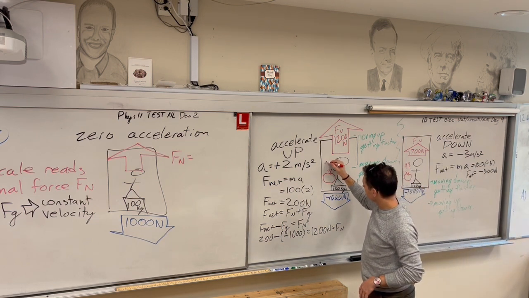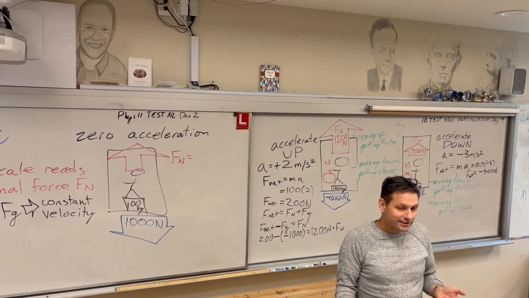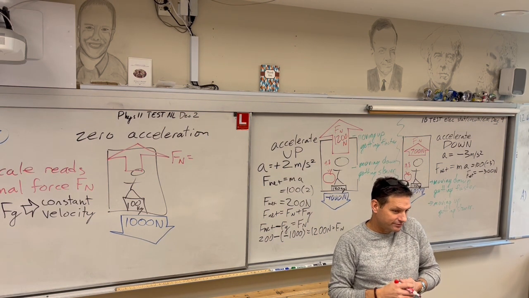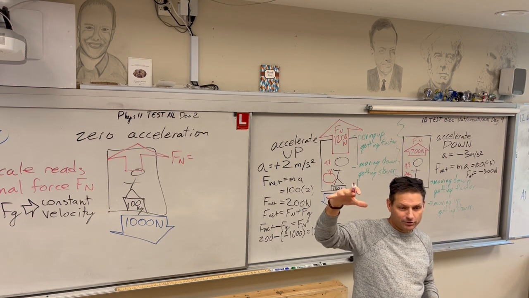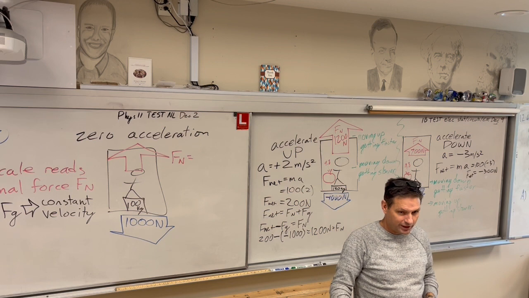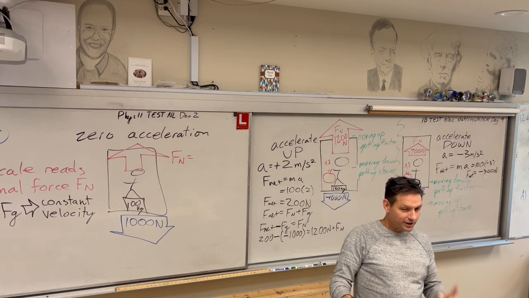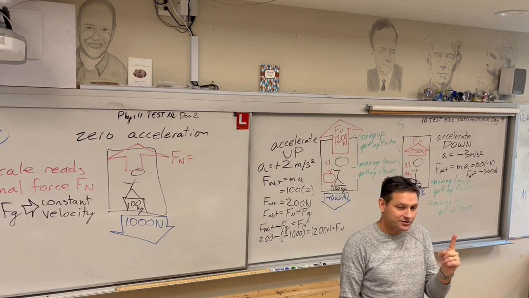Are you accelerating upwards? Now, if you're in the elevator, it's gonna look different. If you're accelerating up and you let go of the apple, it's gonna look like it falls faster than normal.